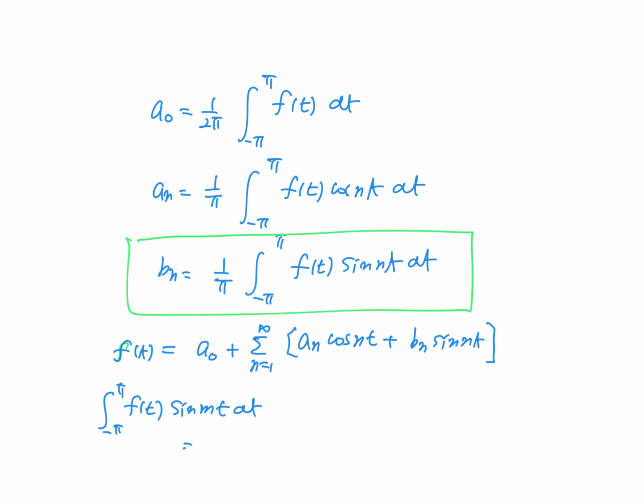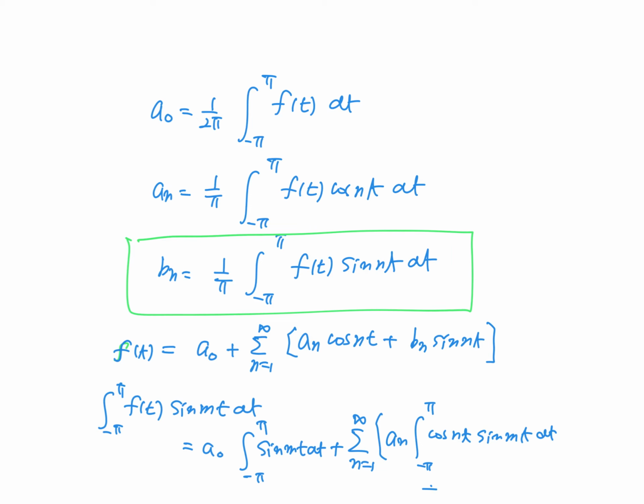Then this is a0 integral of sine mt dt plus a_n integral of cosine nt sine mt dt plus b_n integral of sine nt sine mt dt.